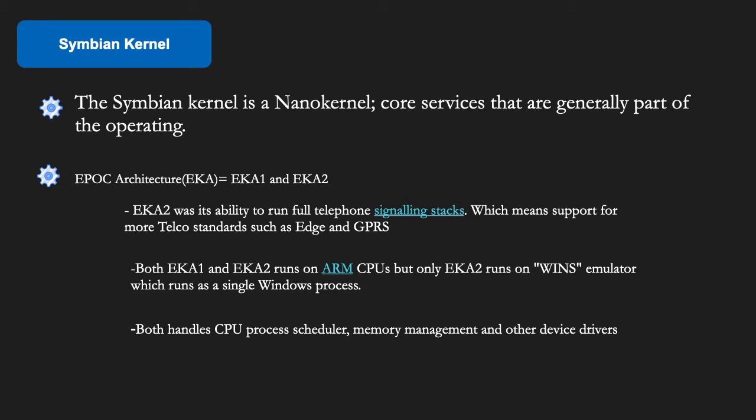After they finish the third-party apps, they can test them right away because they have the Symbian operating system on the PC. So that's why they created the EKA2 kernel.